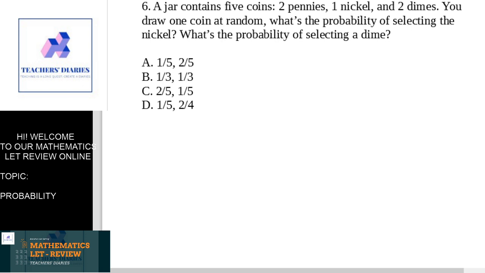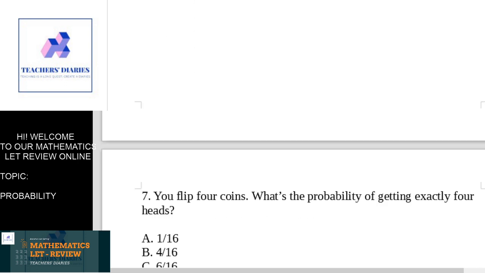A. 1 over 5 and 2 over 5. B. 1/3 and 1/3. C. 2 over 5 and 1 over 5. D. 1 over 5 and 2 over 4. Next.